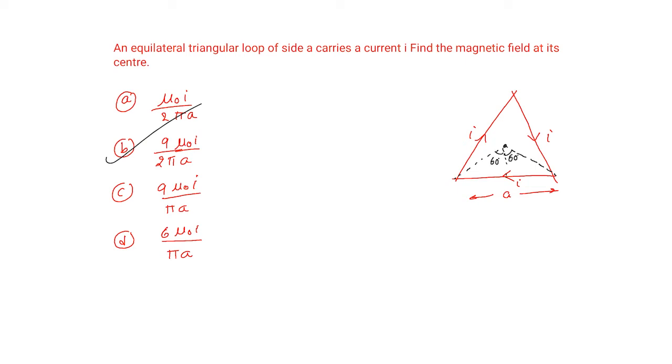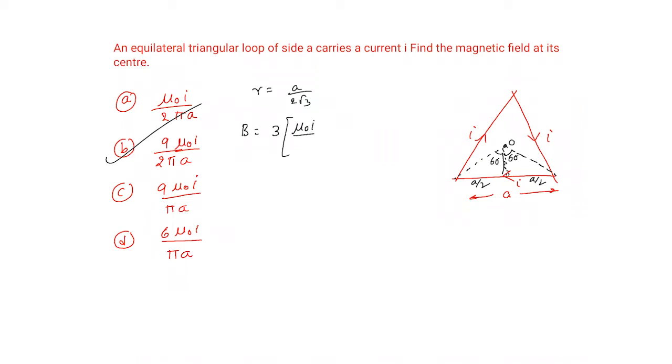So this is A by 2, this is A by 2, and this distance you can calculate. This distance is A by 2 root 3, so R value is A by 2 root 3. This is where you have to find the magnetic field. So the magnetic field is 3 times, because all three sides produce the same magnetic field in the same sense.